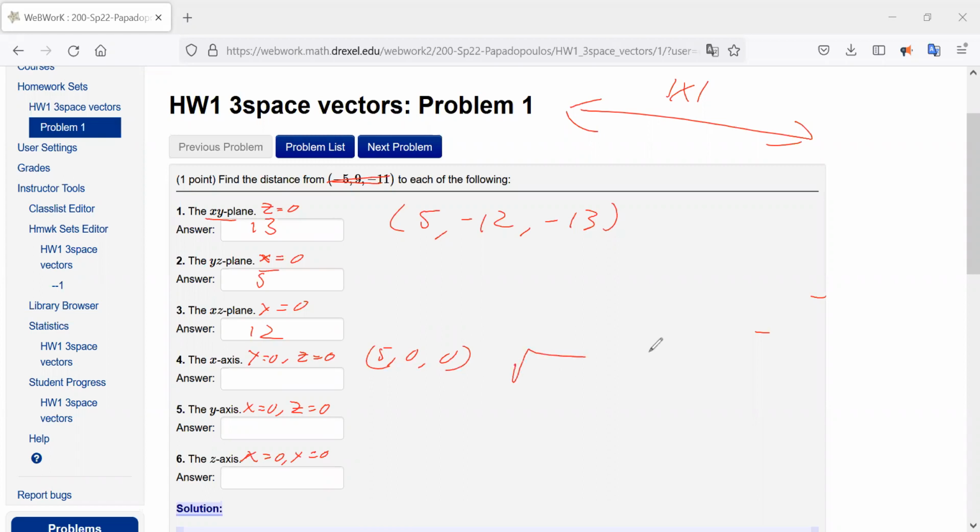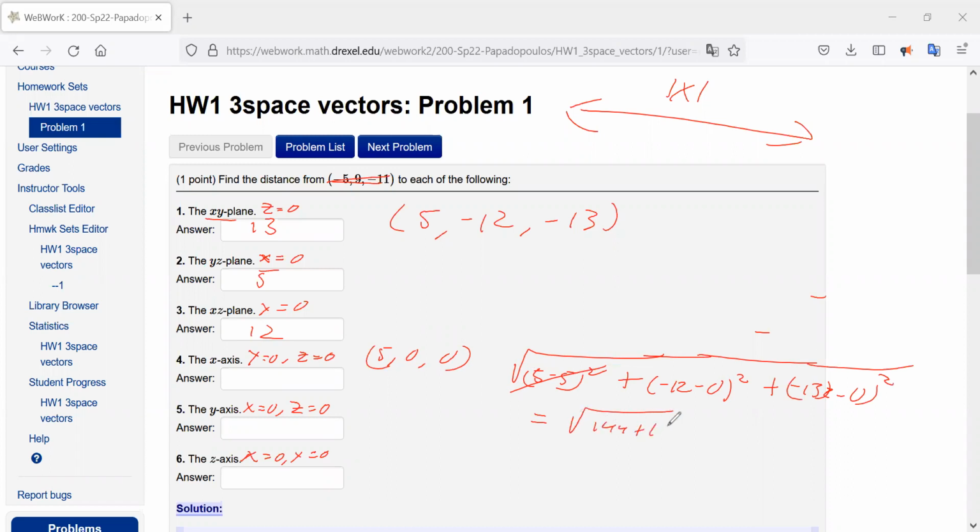And the distance is going to be the square root of (5 minus 5) squared, which of course zeroes out, plus (-12 minus 0) squared plus (-13 minus 0) squared, which is equal to the square root of 144 plus 169. And you can just solve it from there. This is not going to simplify nicely.